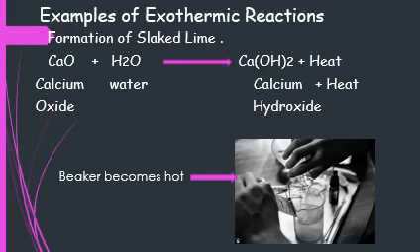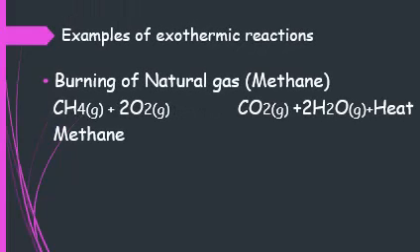Going to the next slide, more examples. Burning of natural gas or methane. When methane, CH4, is burnt in presence of oxygen, it is going to give us carbon dioxide plus water plus heat. So we can see over here, CH4 is the formula of methane.